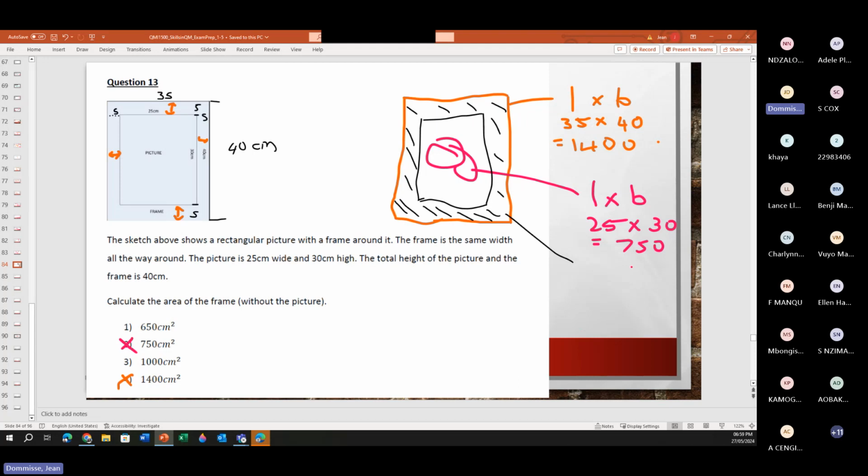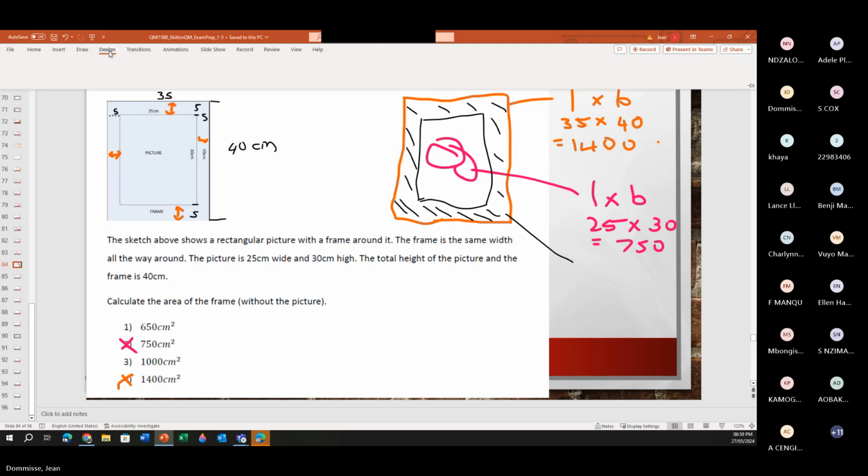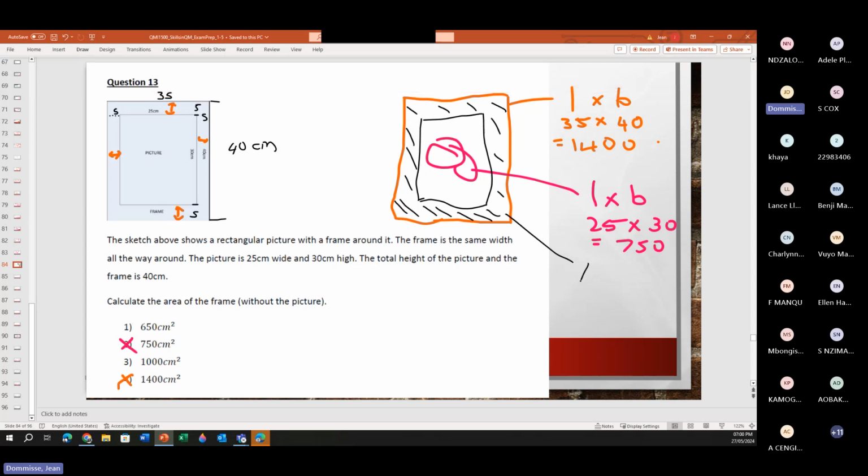And then if we subtract the two, we get what is left over. So 1400 minus 750. The part that is left over is 650, which is your option 1.